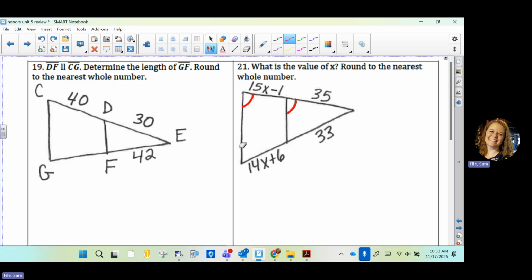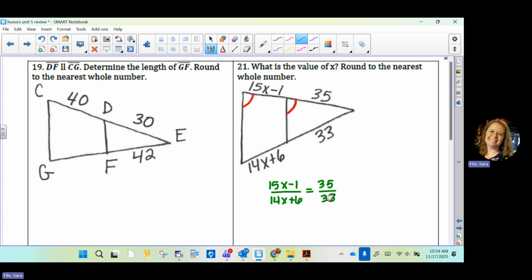So we learned that when you have a triangle cut by a parallel line to one of the sides, it creates proportional pieces. So that means that the 15x minus 1 is to 14x plus 6, as 35 is to 33.